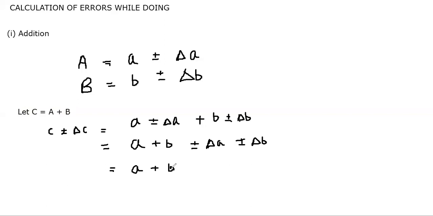Now, how to solve this? This can be easily solved by taking, first, both of them as plus, then both of them as negative, then one plus and the second one negative, and then the first one negative and the second one positive. So by these four things, you can open this plus minus. If I open it, there will be four quantities, right?